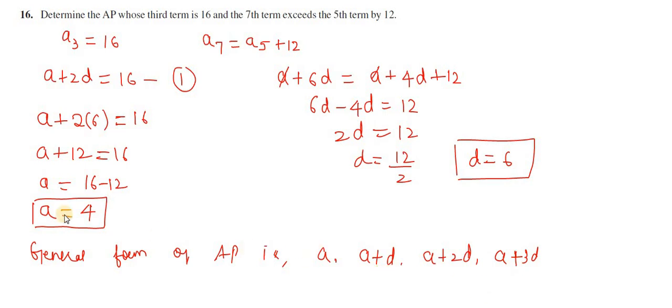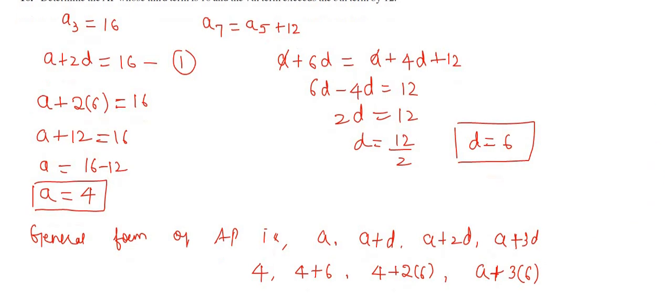Now we know A value is 4, and A plus D is 4 plus 6. Next A plus 2D is 4 plus 2 into 6, then A plus 3D is 4 plus 3 into 6. Like this we can simplify.